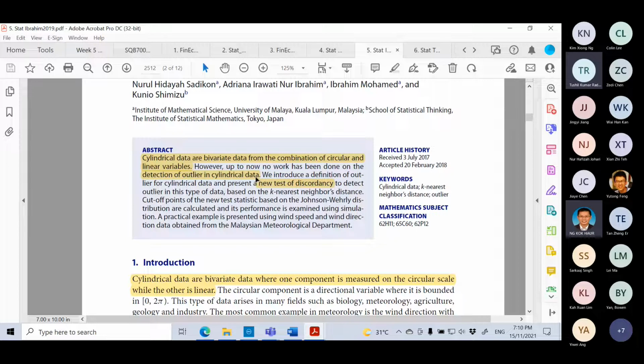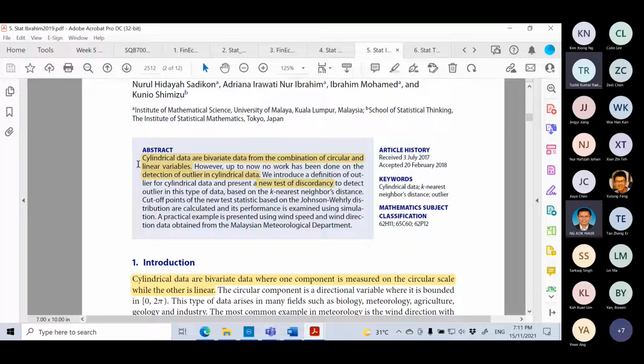Therefore, they propose this type of test. And when they propose the test, they can mention the cutoff point, the usefulness of the test, and then they provide an empirical example. So this is about the abstract.